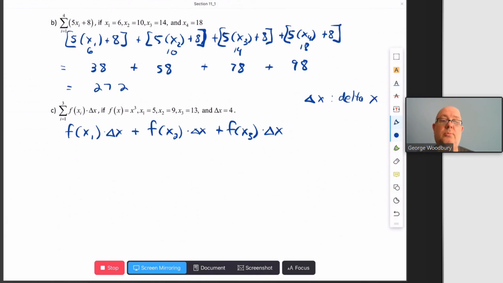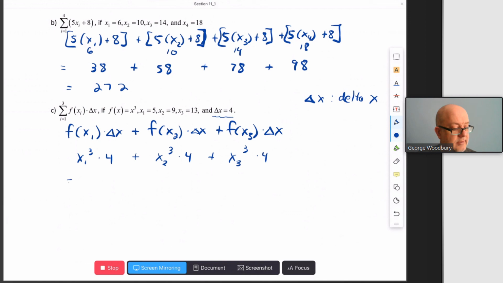So I'm going to substitute into that function. I'm also going to replace delta x by 4. So we've got x sub 1 cubed times 4 plus x sub 2 cubed times 4 plus x sub 3 cubed times 4. And then we'll add those three pieces together.